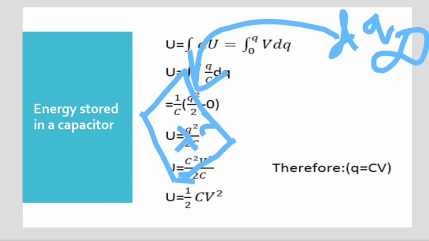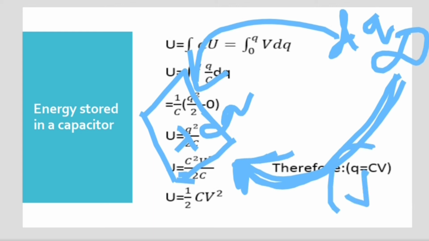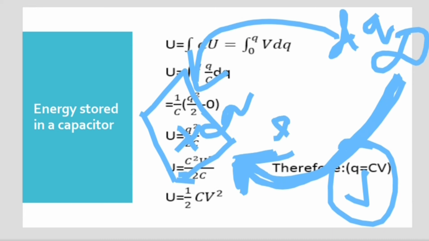Now it has become positive dq. Next, you bring the next charge, and it will face some potential. Because the object is now positively charged and you are coming with another positive dq, it will face some electrostatic repulsion.